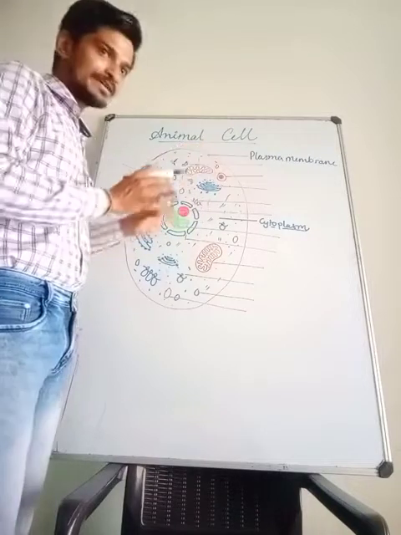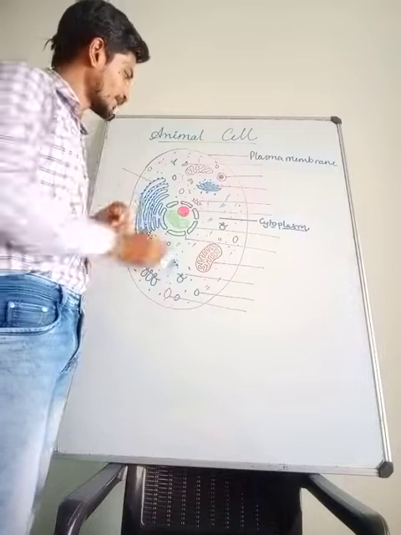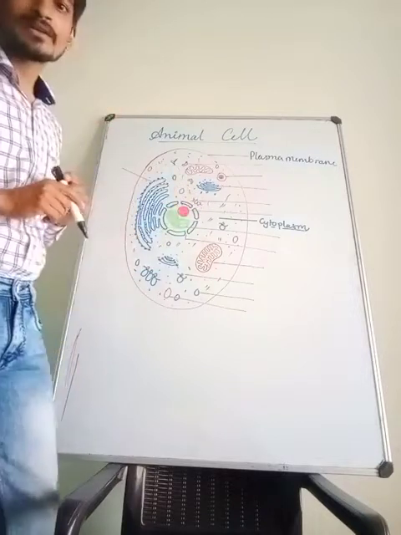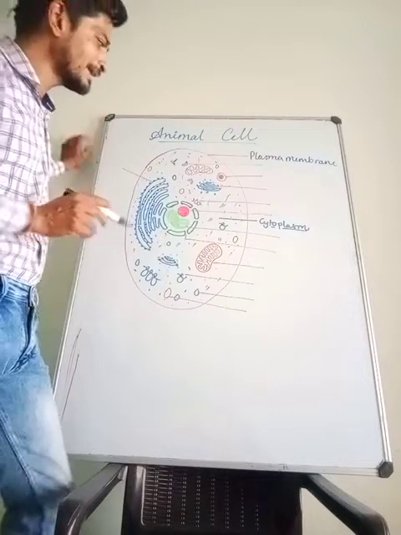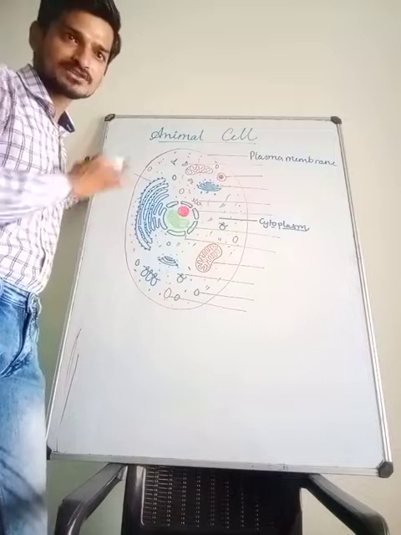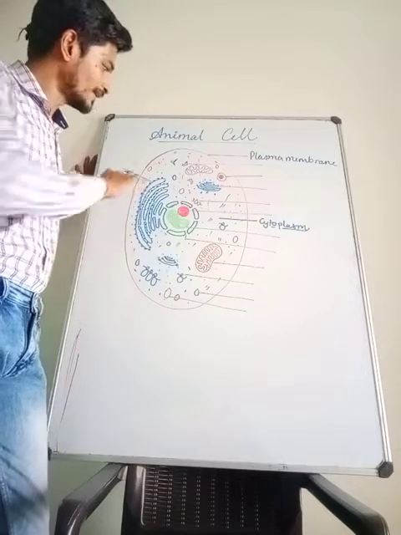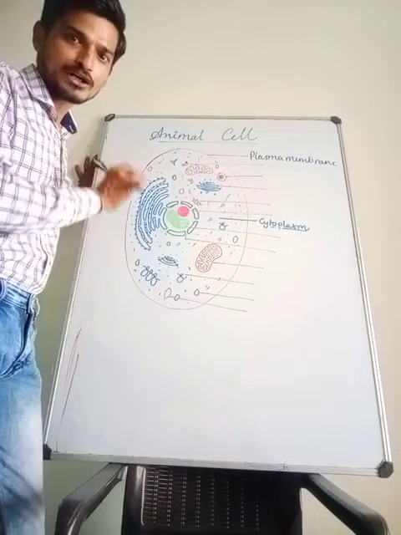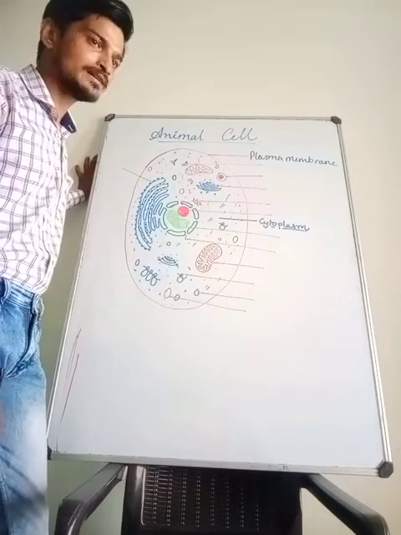Now after the cytoplasm, the next important thing is this region. This centrally placed organelle is the main part of the cell. It is made up of 4 different structures, and it is collectively known as the nucleus. It is the control unit of the cell.